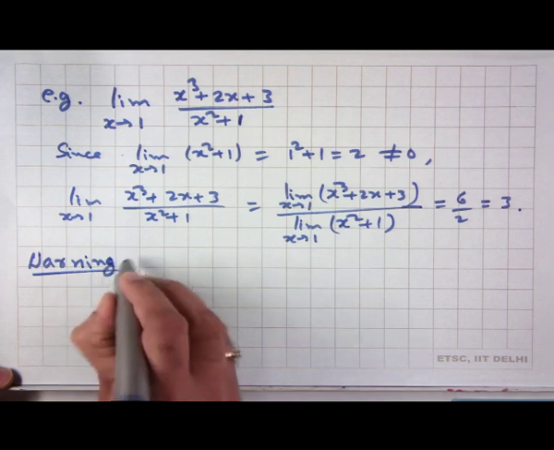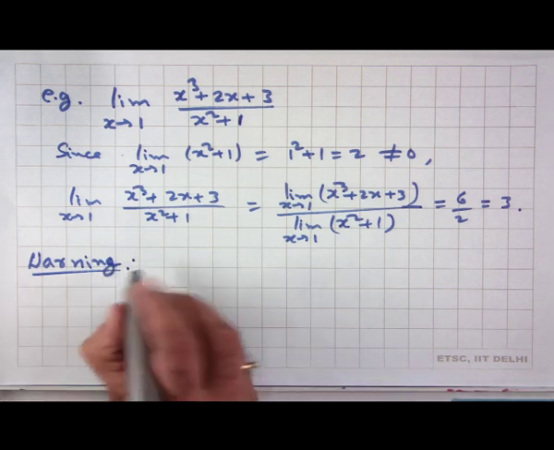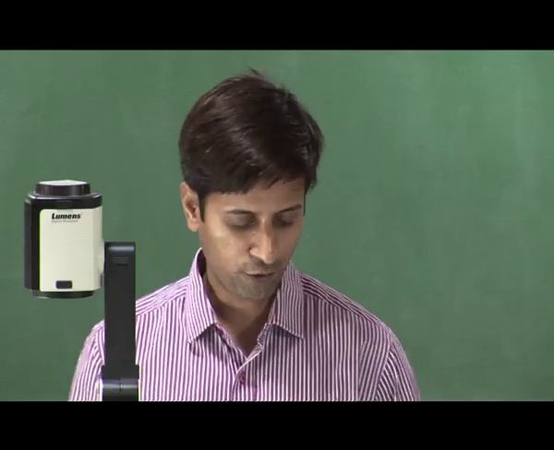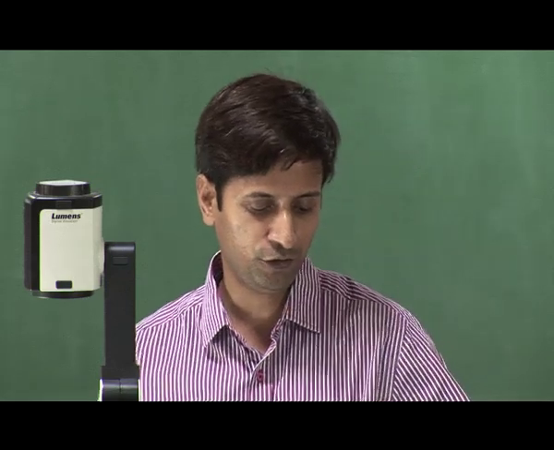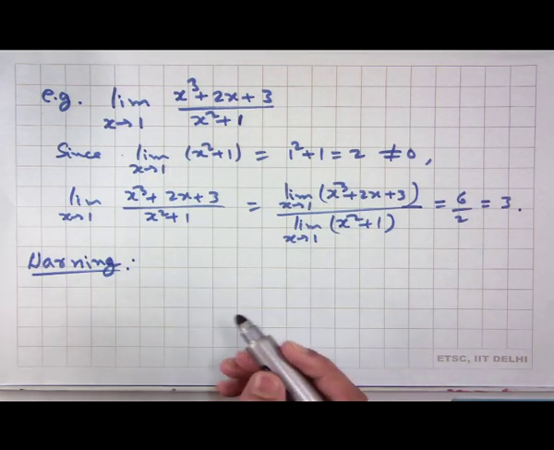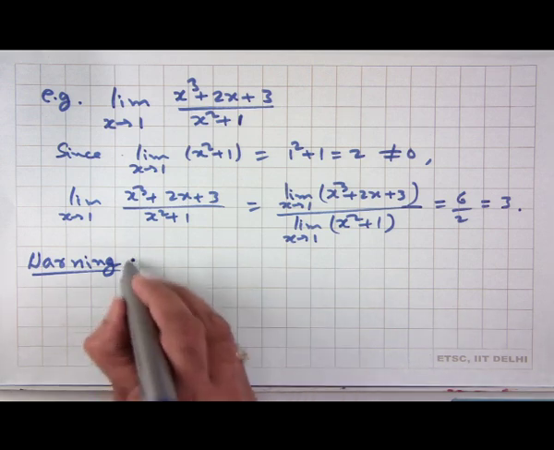Let me warn you, we said that if the limit of the denominator function is non-zero, then the limit of the quotient exists and equals the quotient of the limits. But if the denominator function's limit is 0, we cannot say that the limit does not exist.